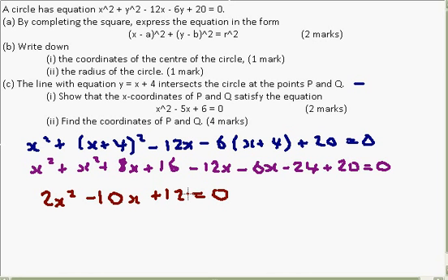Now we're almost there. The last thing we need to do is recognise that I could divide the whole equation by 2. Okay, so I could just write it as x squared minus 5x plus 6 is 0, as required.